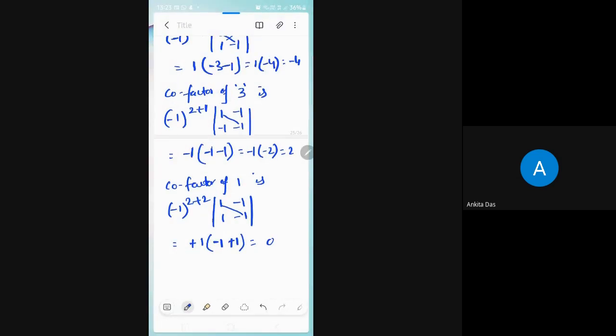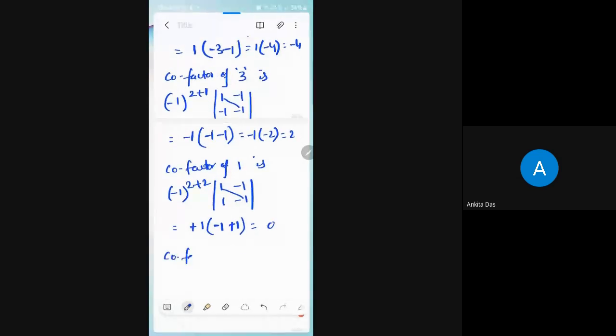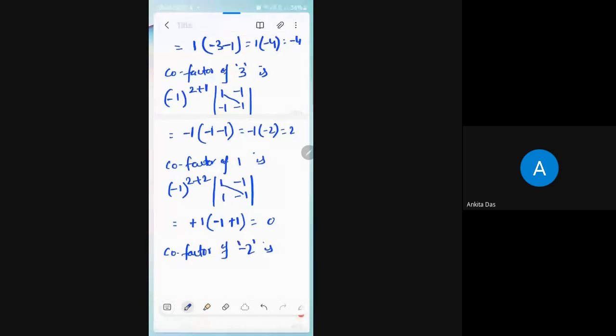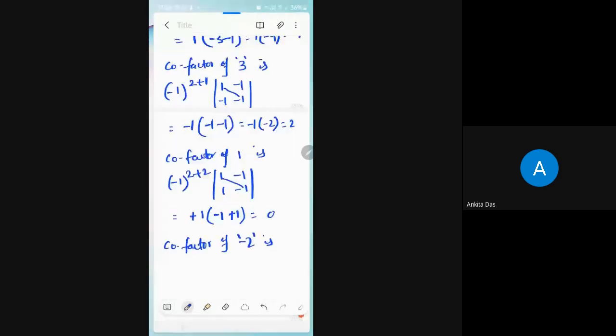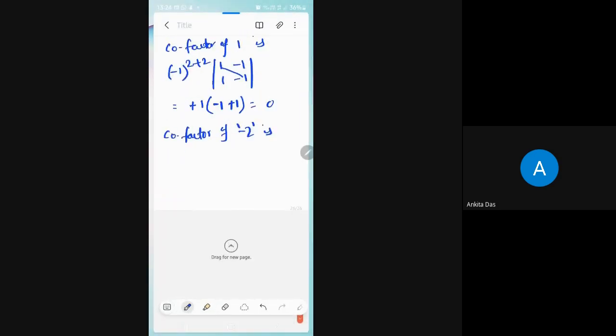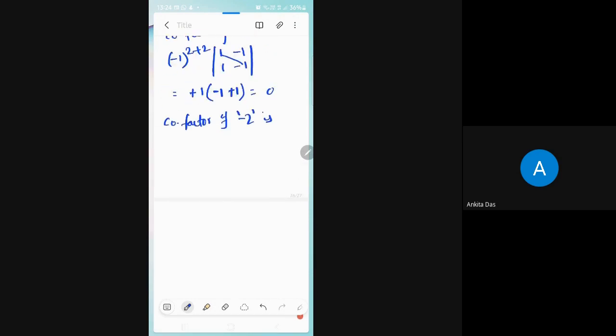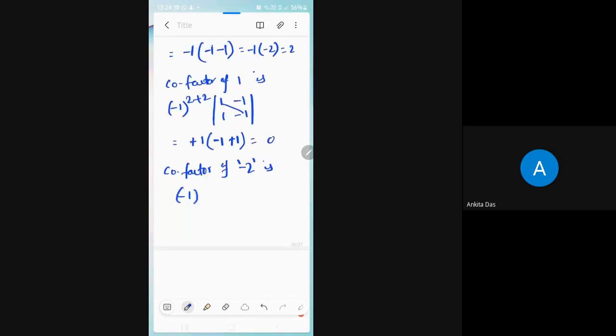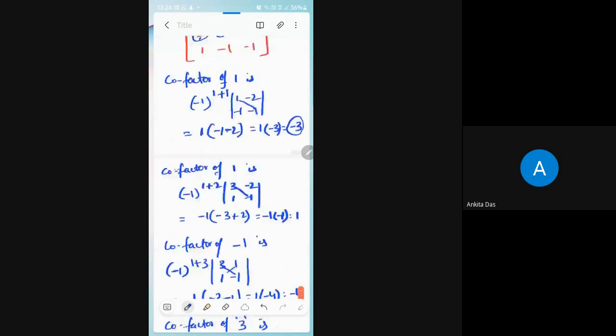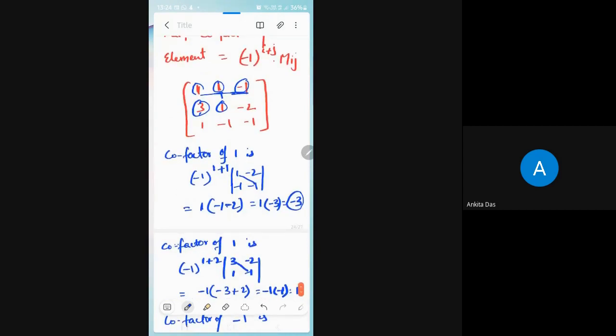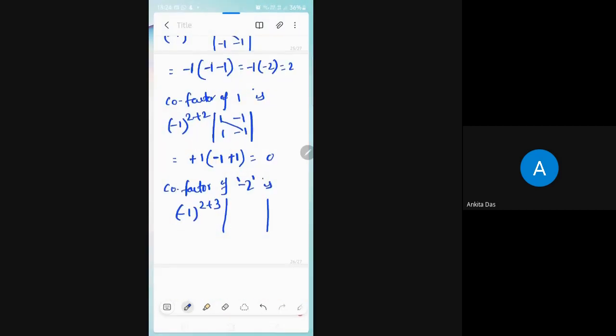Now the sixth element. So the cofactor of minus 2. This is in the second row, third column, so minus 1 to the power of 2 plus 3, into the determinant of the remaining elements: 1, 1, 1 minus 1.